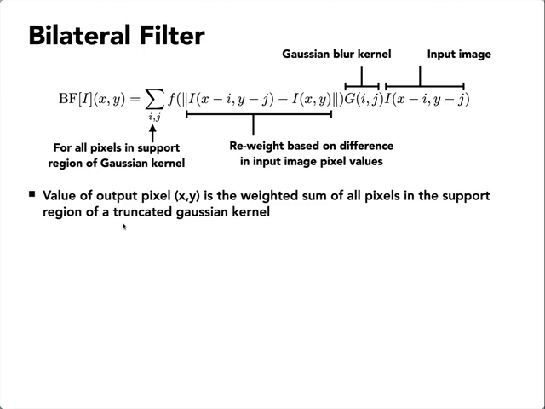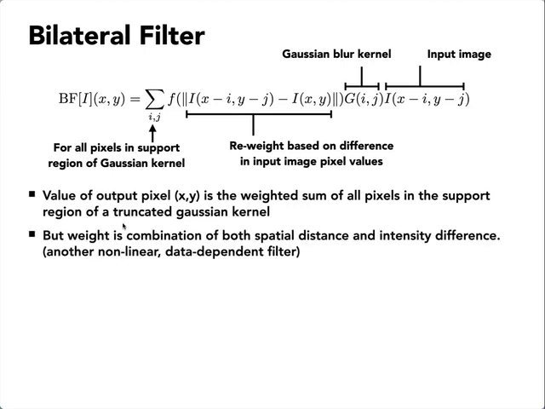I'll show you a picture of the truncation of that Gaussian kernel in a second. The weight is a combination of both the spatial distance away from the center of that region, as in convolution, but it's also a function of the intensity difference, as I described. This is another example of a nonlinear data-dependent filter. The data in this case means the intensity values in the picture. The value of the filter kernel weight is going to depend on that data.